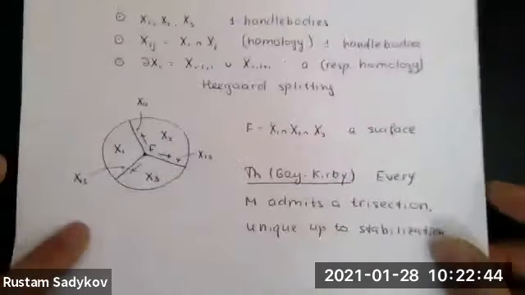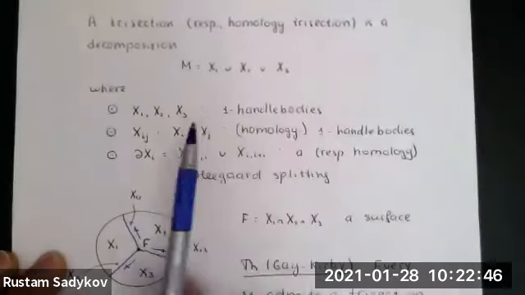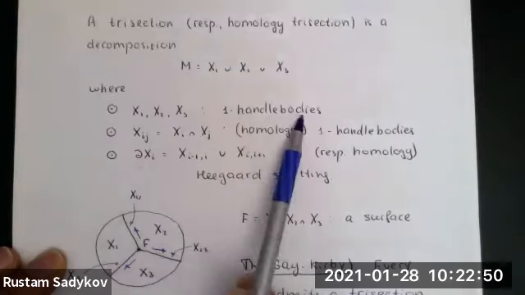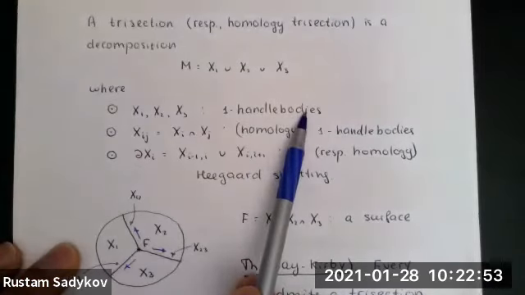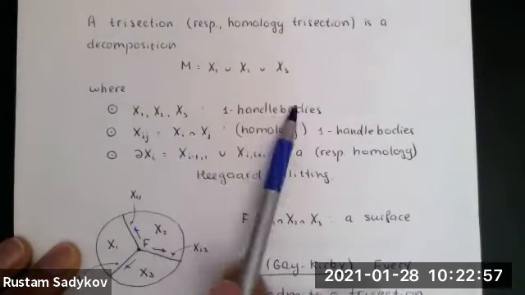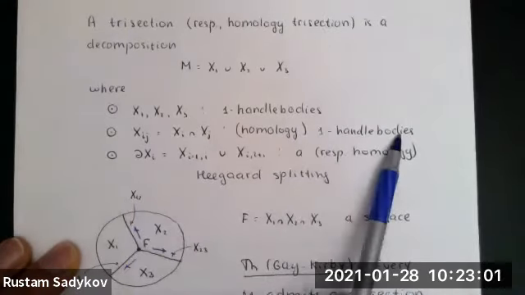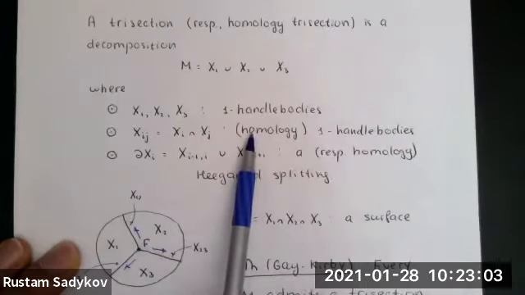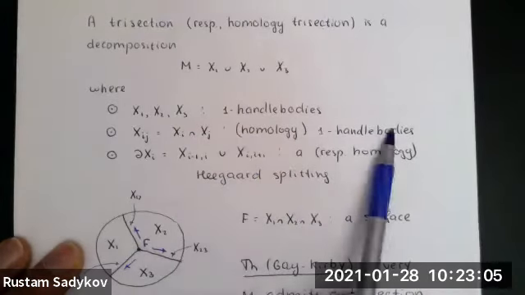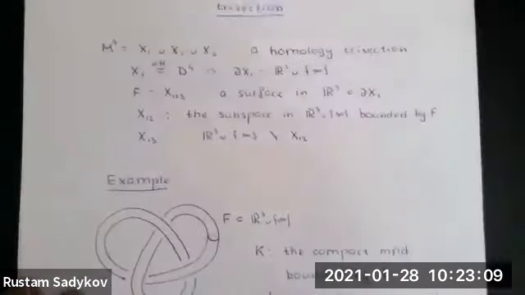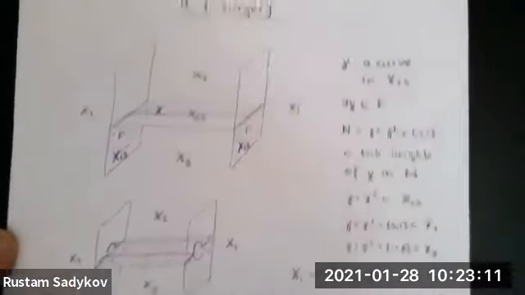This is just a homology trisection, meaning that yes, we are indeed cutting the manifold M into one-handlebodies because balls are one-handlebodies of genus 0. So we are cutting into one-handlebodies, but the intersections right now are homology one-handlebodies. And we want these intersections to be one-handlebodies. So how to do this?